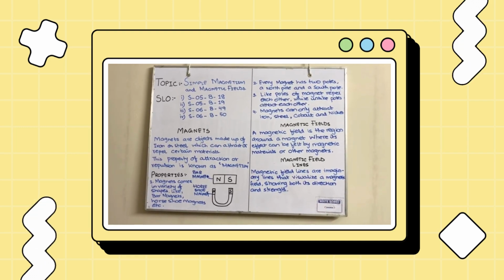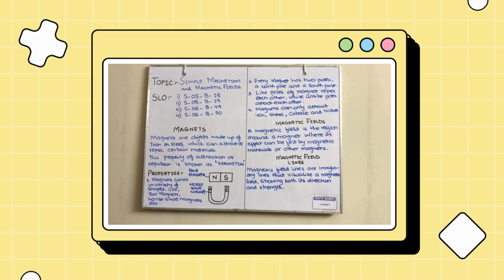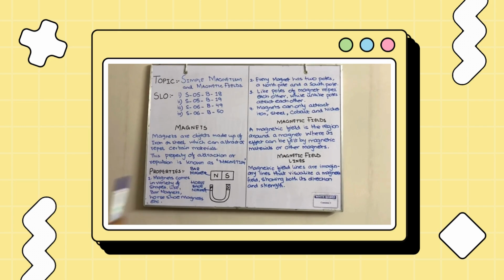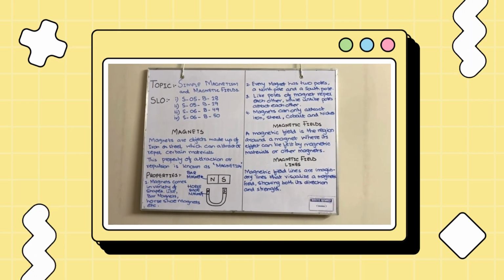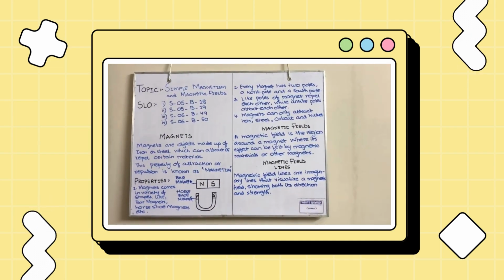Materials which are magnets have certain properties. The first property is that magnets come in a variety of shapes, like bar magnet and horseshoe magnet. Every magnet has two poles, a north pole and a south pole.